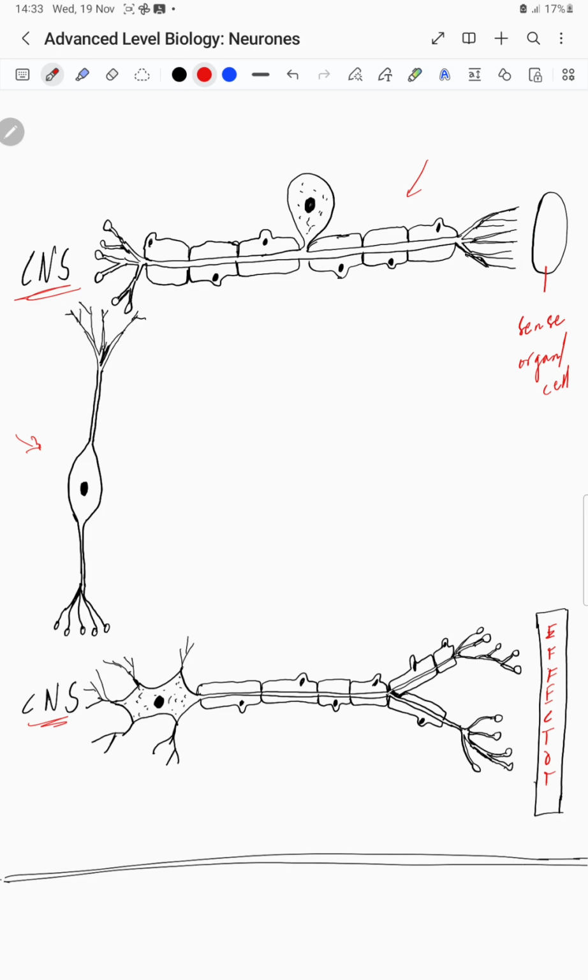The receptors actually convert the stimulus into a nerve impulse, and that nerve impulse is conducted from the sense organ to the central nervous system.